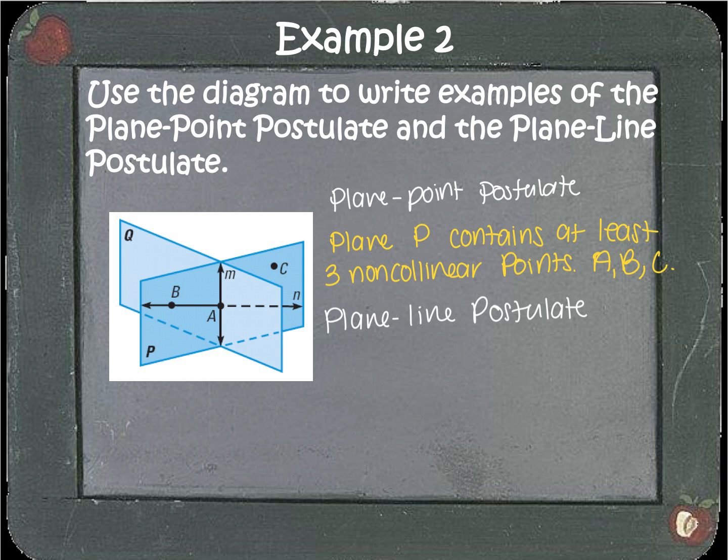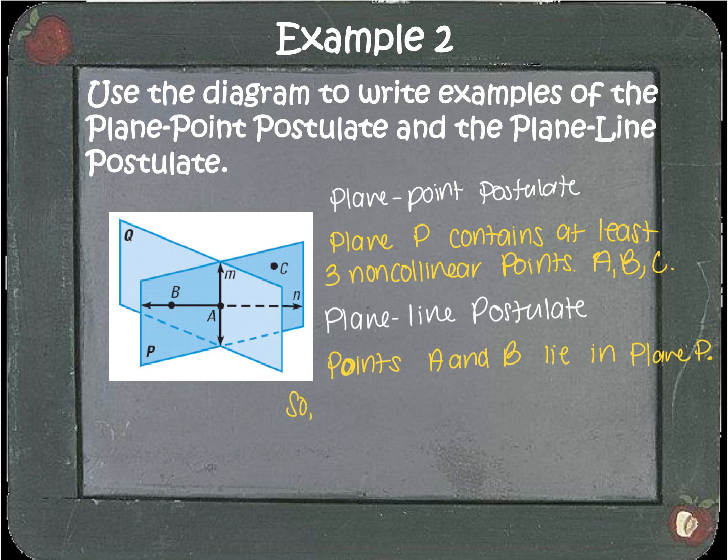So I'm going to use that information and write an example according to the diagram. So we said if we had 2 points, I'm going to start it out: points A and B lie in plane P. Okay? So we know that information.